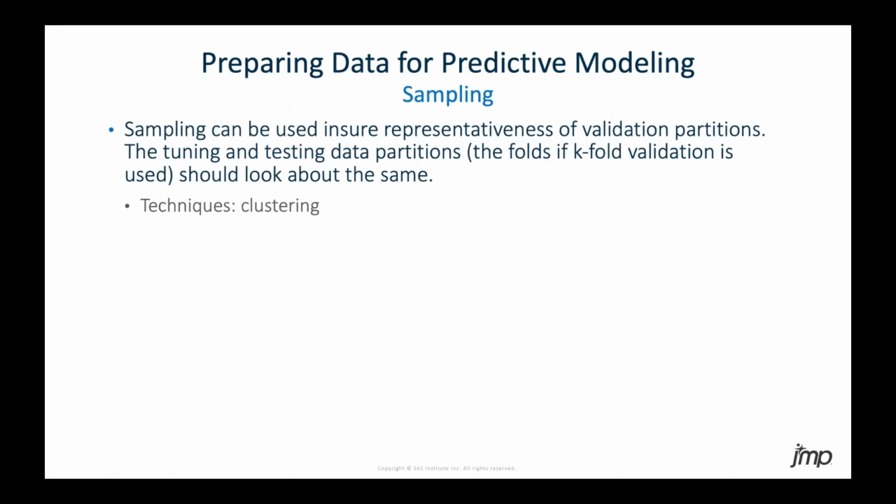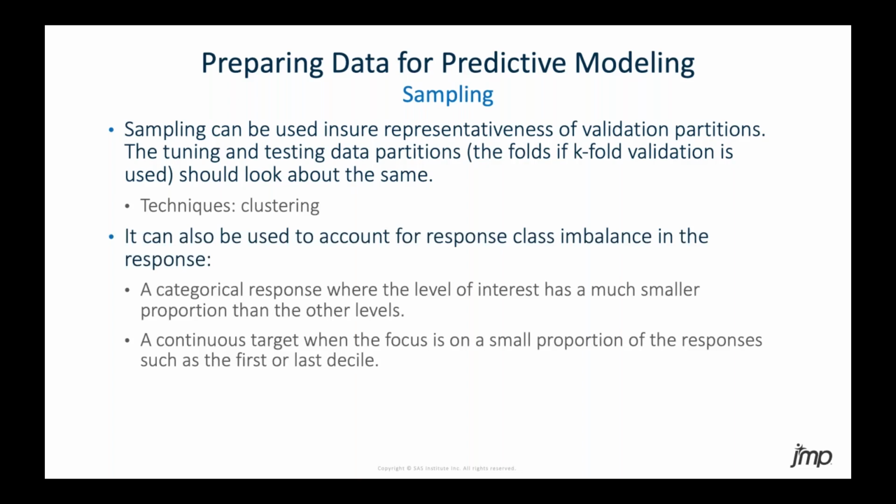All right, I talked a little bit about sampling. I'm going to re-investigate sampling. We talk about sampling in the context of ensuring representation of my validation parts of the partitions that I split the data into. And again, clustering can be used to do that.